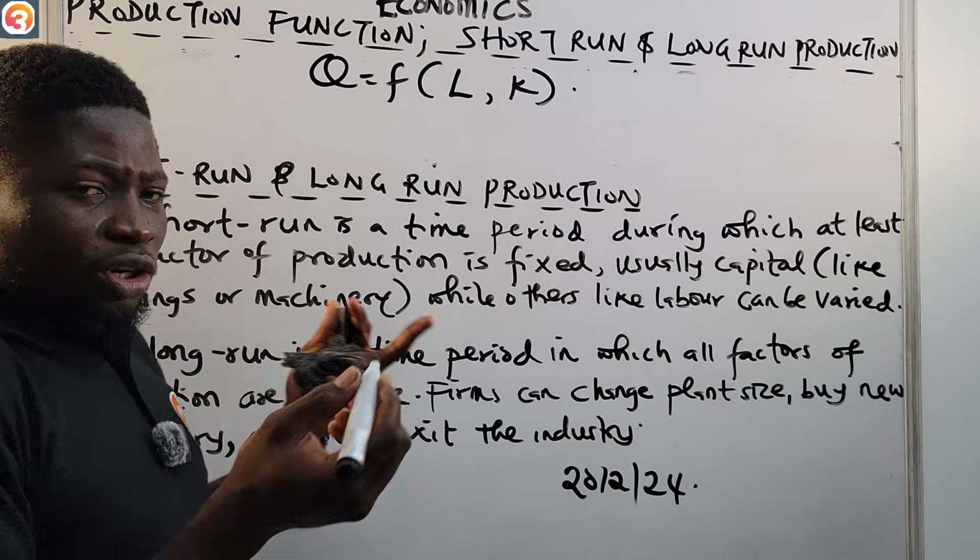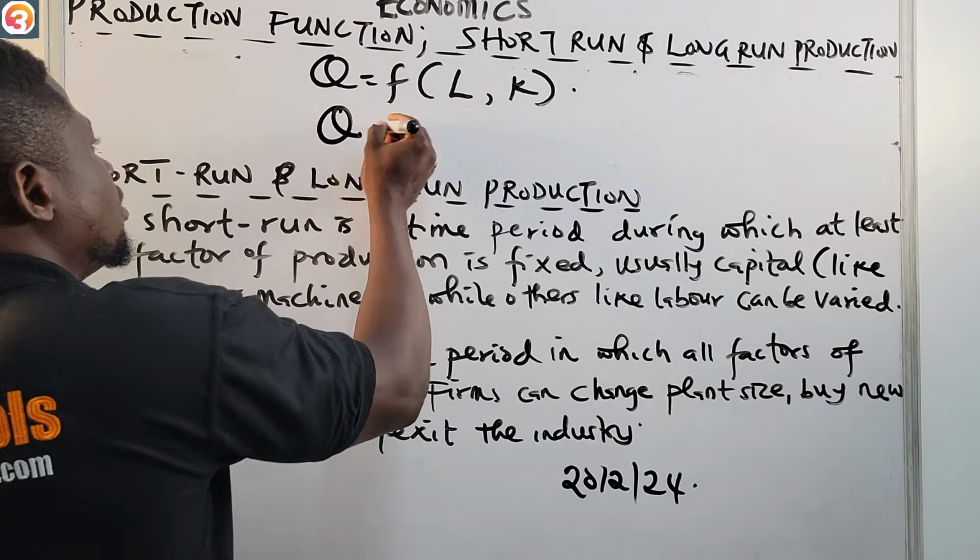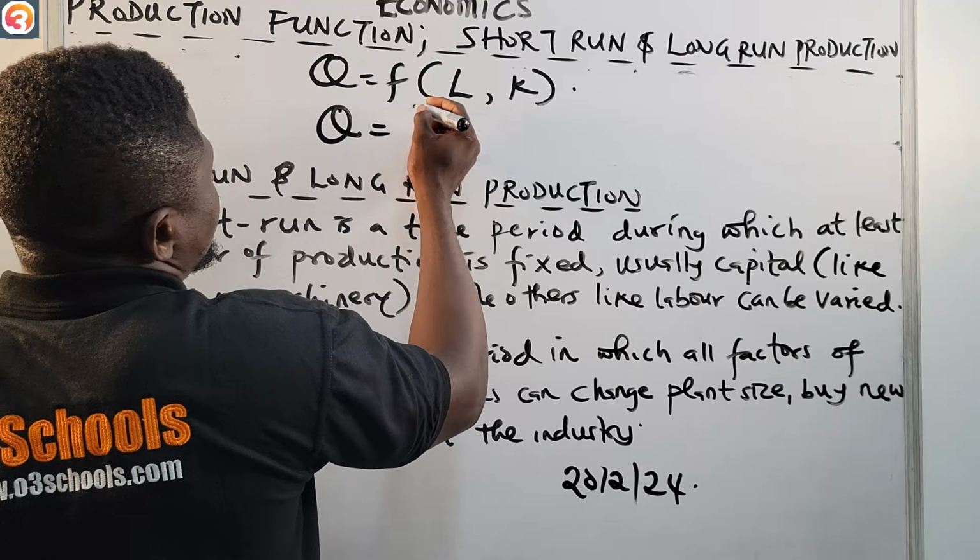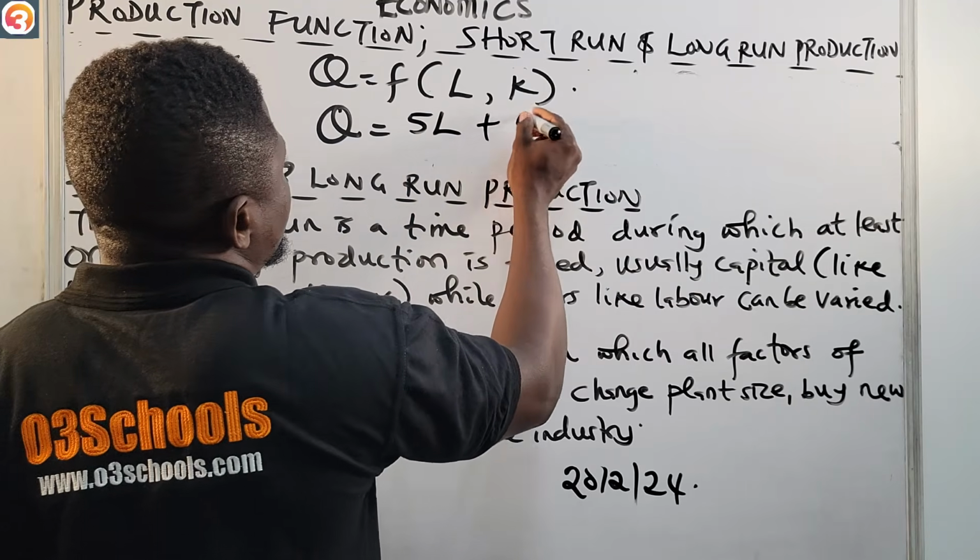Suppose I give you a production function and I say Q equals 5L plus 2K.